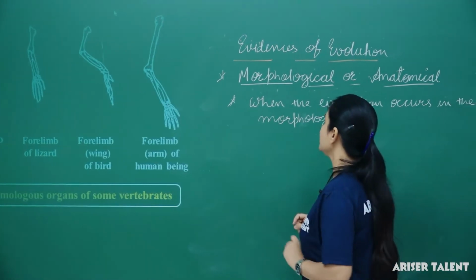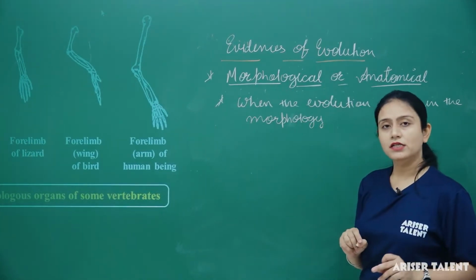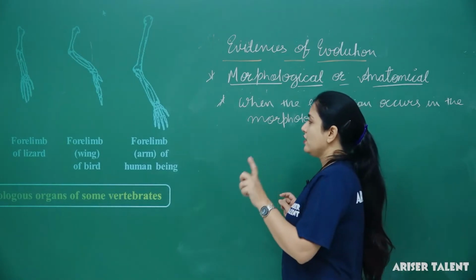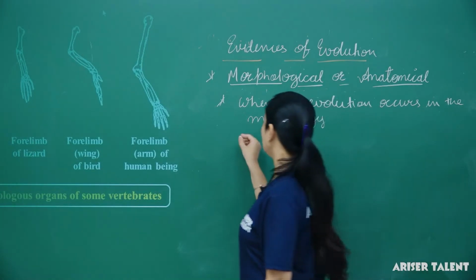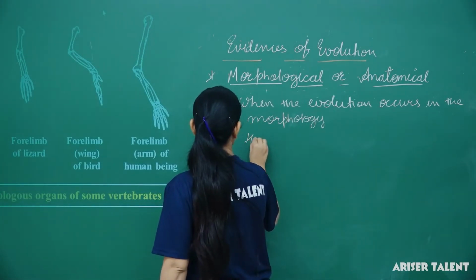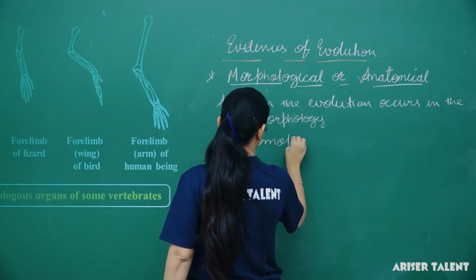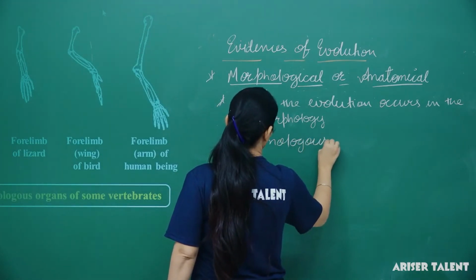Fine. So these are known as morphological or anatomical evidences. These are of different types. First of all, we will talk about homologous organs.